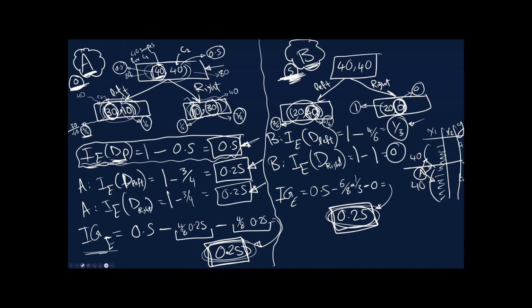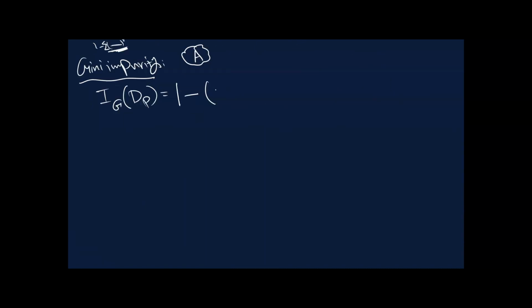Okay, so let's look at the parent again for condition A. It will be 0.5 and 0.5. That's the probabilities that we had. So it will be 0.5 squared plus 0.5 squared, and this will give us 0.5. So that's the impurity of the parent.